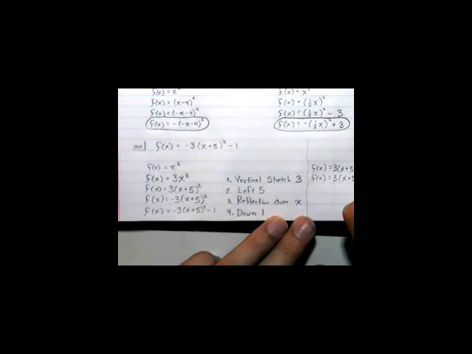Let's say I did the down 1 before I did the reflection. Then that would give me this. Right? But what's going to happen if I do my reflection last? It's going to turn that into a plus 1, just like this one turned into a plus 3. So if I wanted it to look like this when I was done, this can't be a down 1. What should it have been?